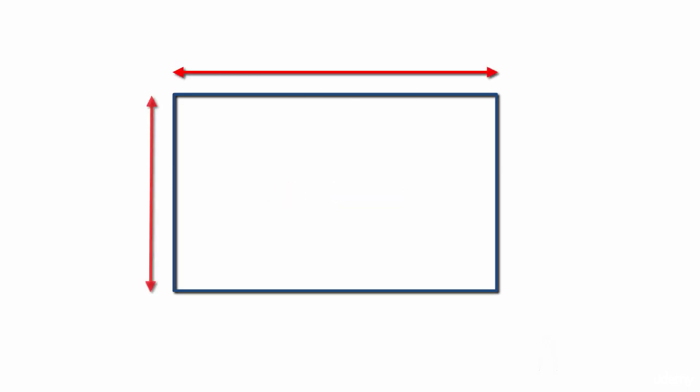The biggest paper size in the ISO A series is A0, and the area of that paper is 1 meter square. Also, if you divide the length of that paper by its width, the resulting value will be equal to √2, or 1.414.